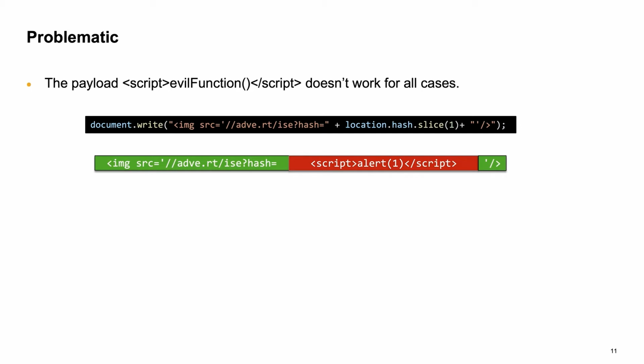If you try here to use the payload from the first slide, it won't work because a script tag won't execute inside an attribute value. But what you can do is first close the context until you reach the top level and then inject the script payload. So it's not easy to find out which exploit to insert unless we analyze the context in which the code is injected.